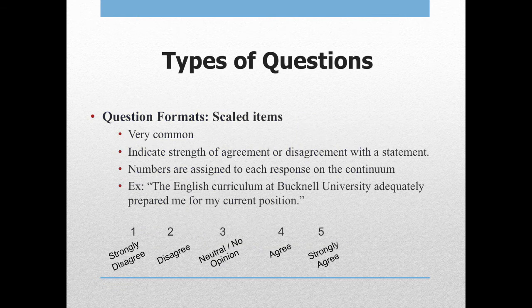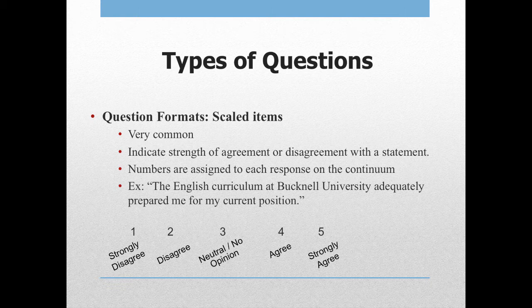All right, here are some other types. Scaled items. These are very, very common because they do a really good job of parsing people's feelings, okay? This is what most people do wrong. Again, they ask yes, no questions.